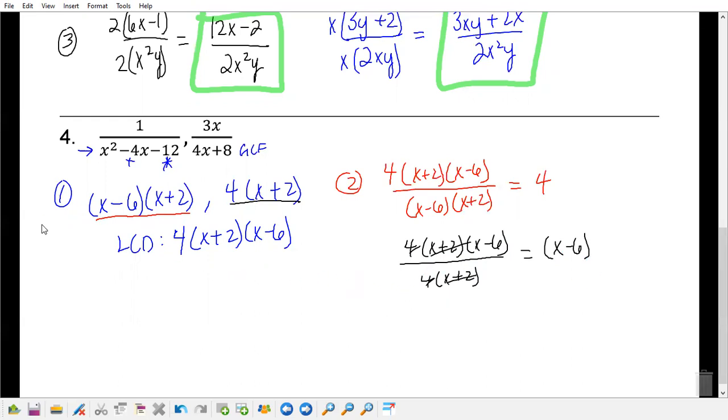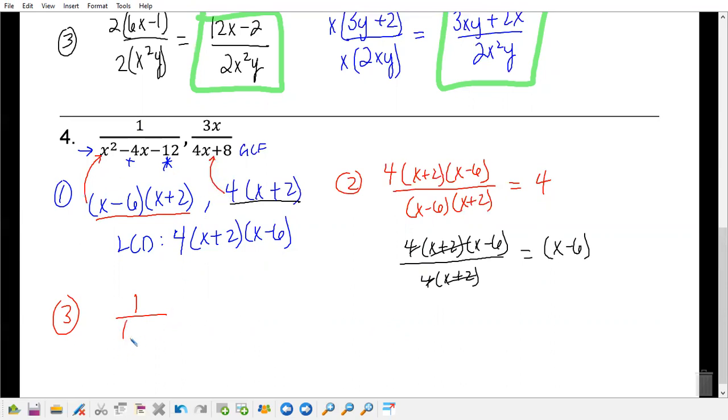Okay, so now step 3 says I'm going to take the quotients and multiply them to their respective rationals. So I have 1 over, and once I've factored, I'm going to focus on using the factors the entire time, okay?